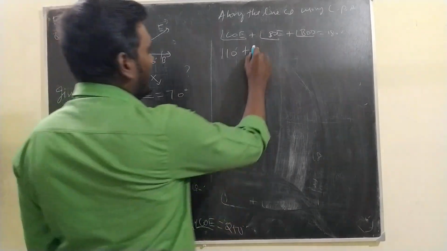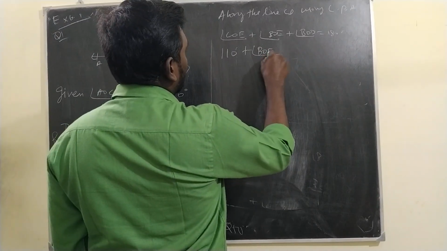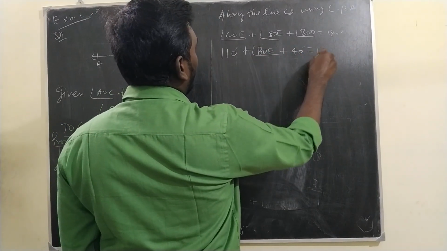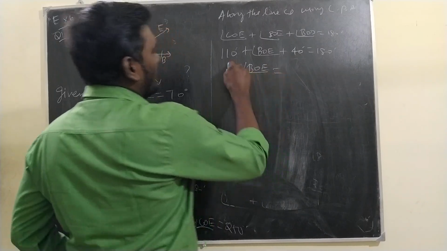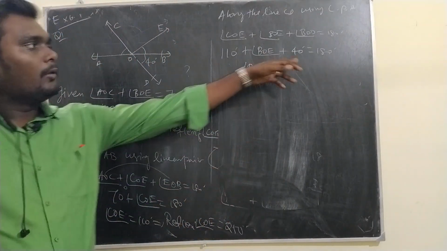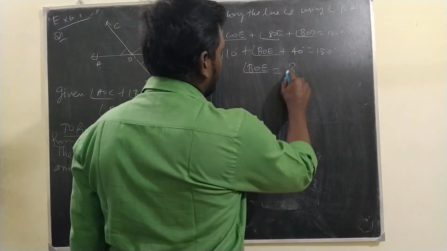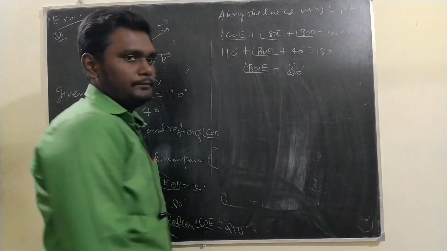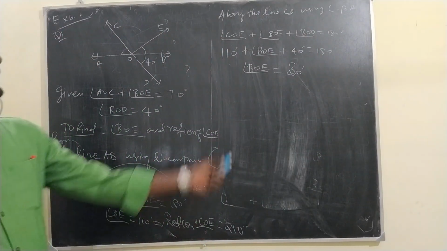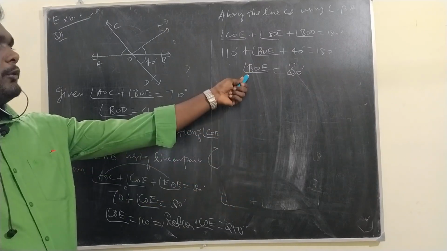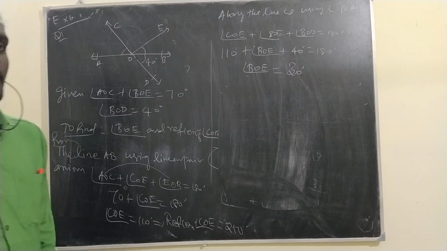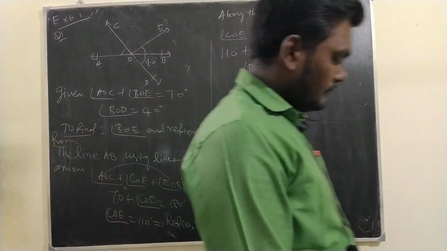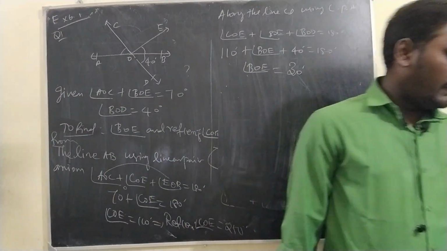We don't know, you have to find. Plus BOD, that is 40 degree, equals 180 degree. So angle BOE is 180 minus 150, that is 30. Therefore, BOE is 30 degree, and reflex of COE is 250 degree. Got it? That is how you have to work out throughout this exercise.